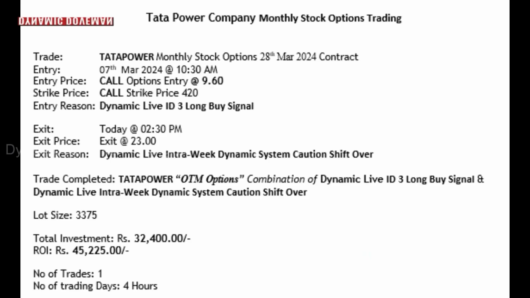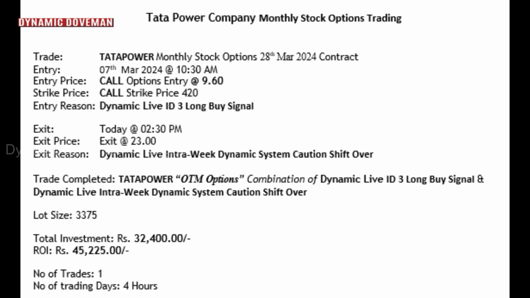So in this trade, from the money point of view, what was the investment required and what kind of profits did we earn? First of all, when you're trading a stock in the F&O segment, there is a minimum quantity, the lot size, and it is 3,375 per lot.